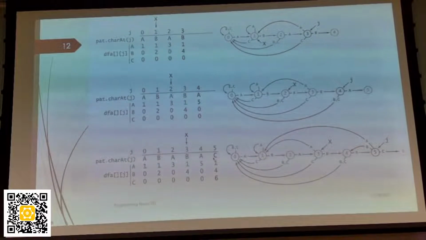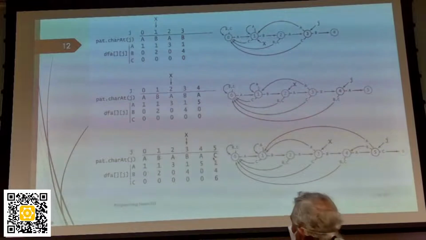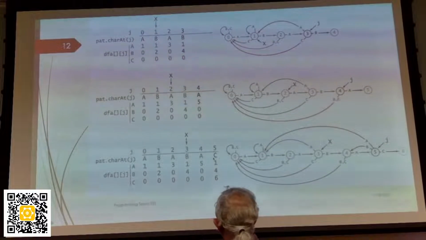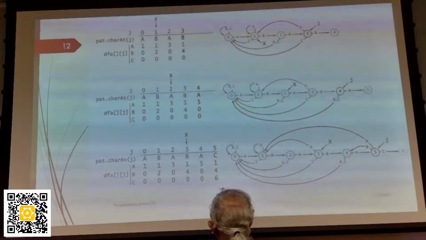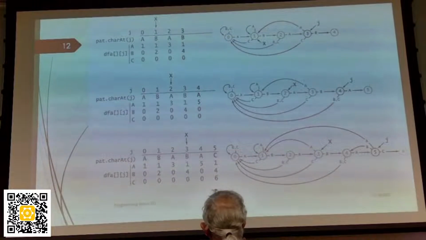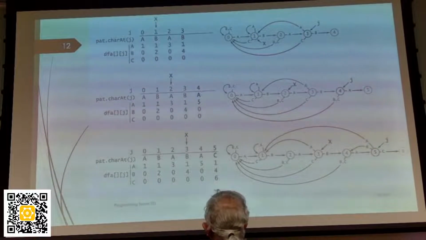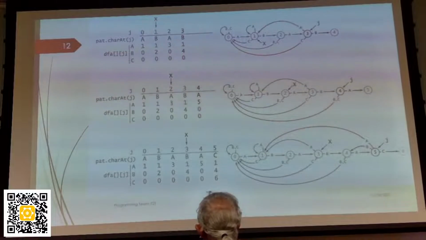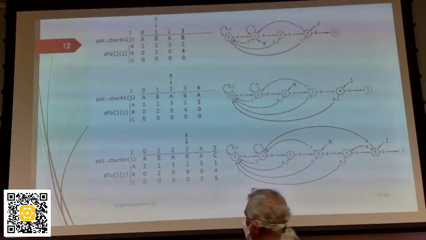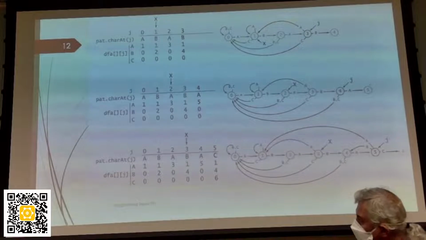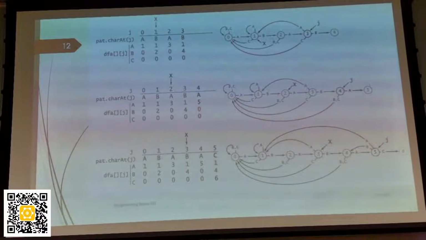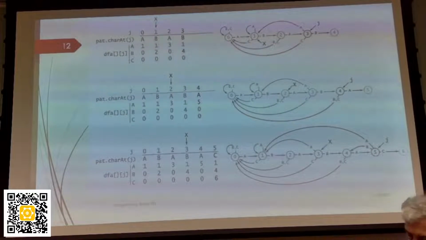Why did it use this guy here? What was their logic for implementing X? I think it was in the slide before this.